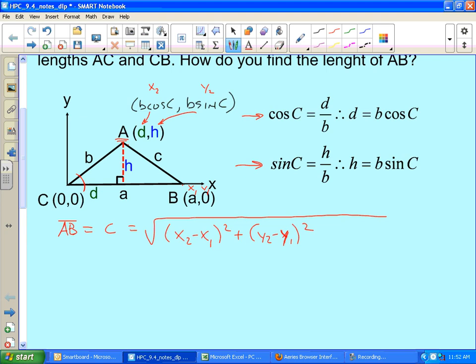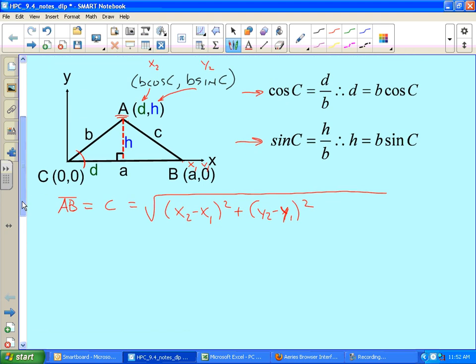All right, filling everything in: square root of b cosine C minus a, squared, plus b sine C minus 0, squared. Just filling in my x2, x1, y2, and y1.